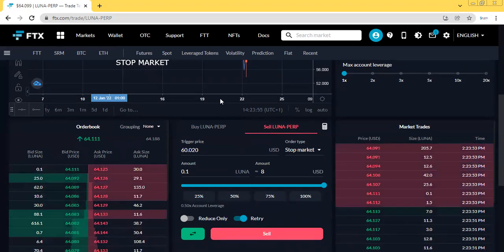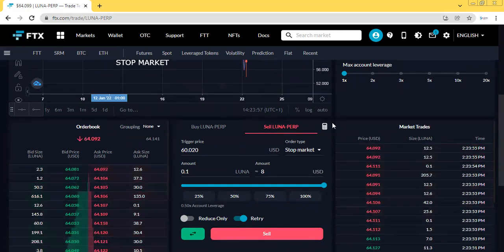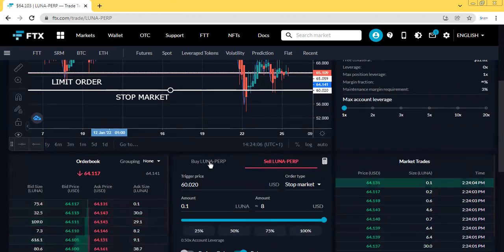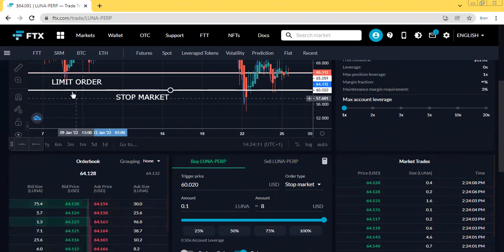But if you want to put a sell stop market, a sell stop market is going down. If you come this side, you place it on buy.